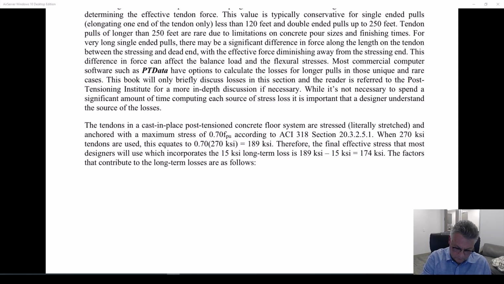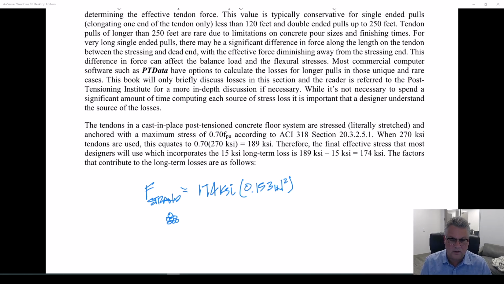So if that's the case, the force per strand or tendon is 174 times... Now remember that the post-tensioning 1/2 inch diameter strand is actually 7 wires all clustered together.